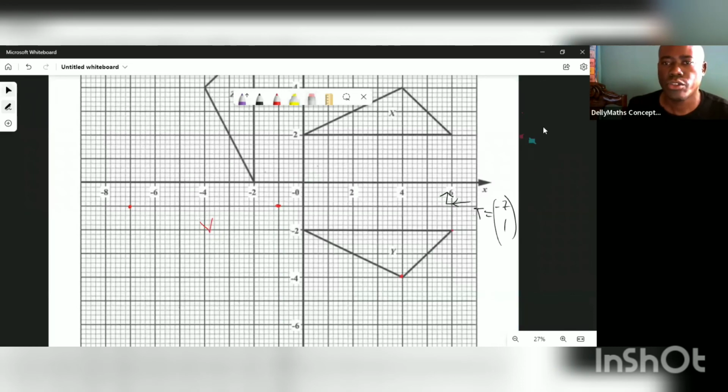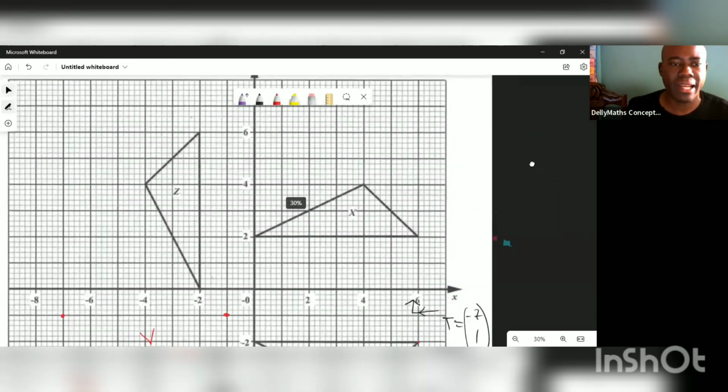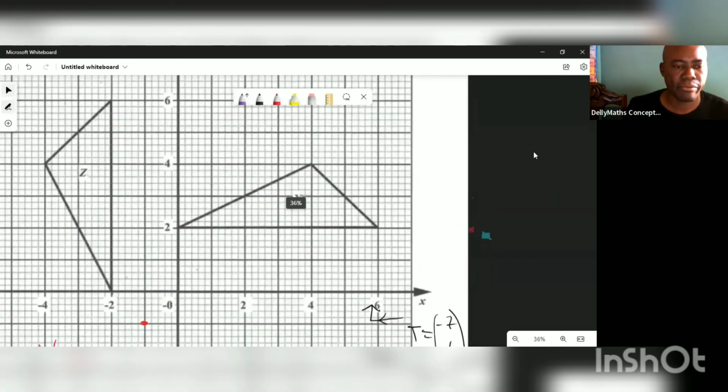So we're going to enlarge X right here with a scale factor of, so let's write down what we have. The scale factor we're using is a half. Since it's a dilation, it's going to be reduced. So the scale factor is a half and the center is 0, 0.